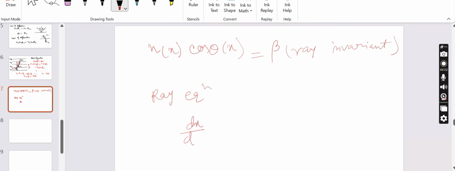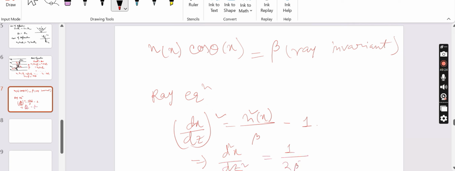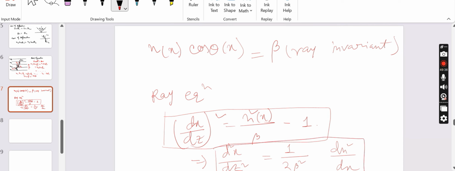That is, (dx by dz) whole squared is equal to n squared of x by beta squared minus 1, or we can write it in differential form, which is d2x by dz2 is equal to 1 by 2 beta squared times dn squared by dx. Either of these is a ray equation. So remember, this is the ray equation.